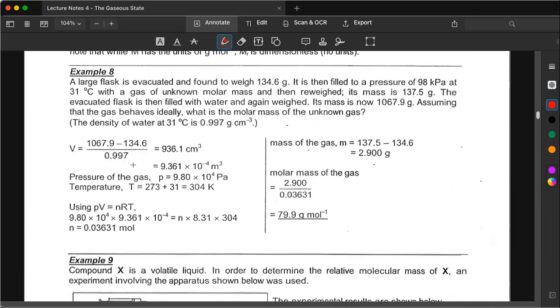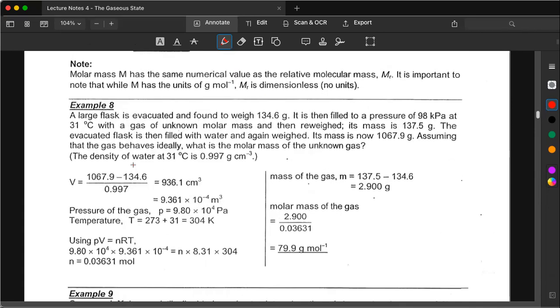So let's look at an example to further understand how this equation can be applied. A large flask is evacuated and found to weigh 134.6 grams. It is then filled to a pressure of 98 kilopascal at 31 degrees Celsius with a gas of unknown molar mass and then reweighed. So its mass is now 137.5 grams.